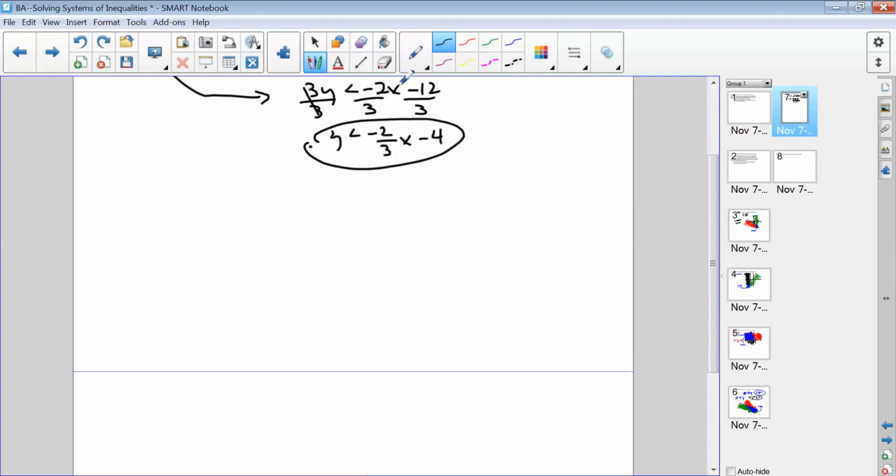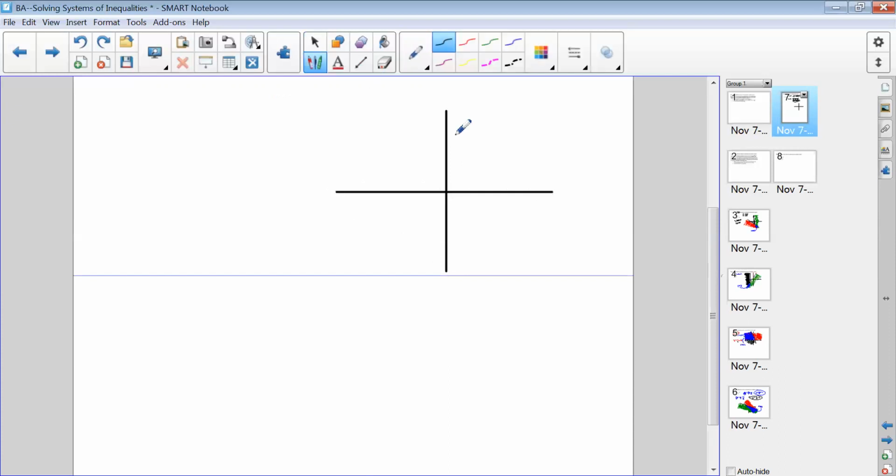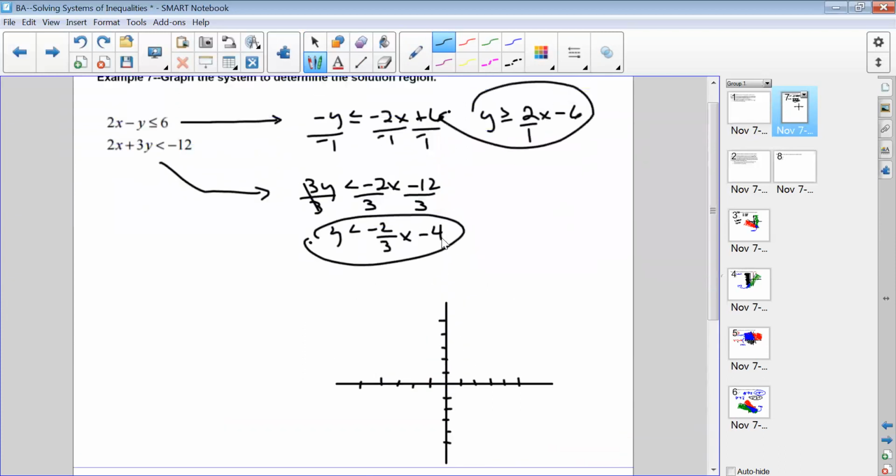Let's go ahead and we'll make our coordinate plane. And I'm just going to make some tick marks. And let's plot this first one.